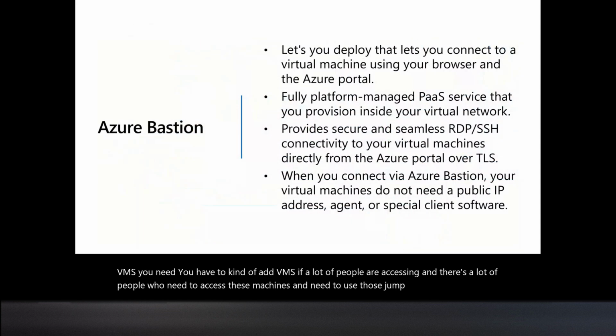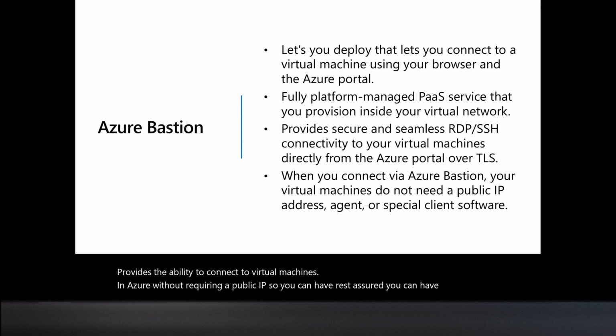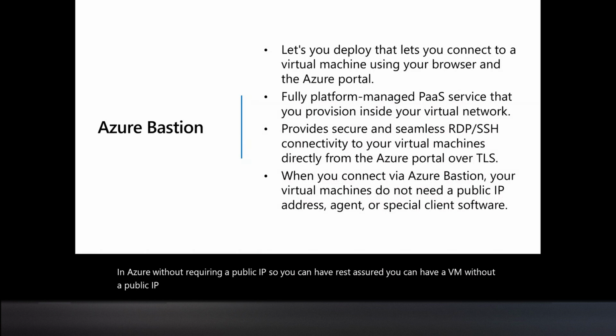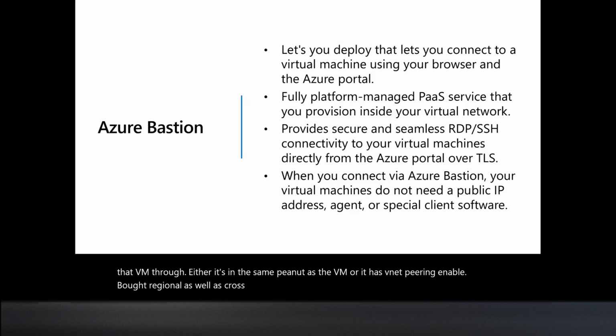So that's what is addressed by Azure Bastion. Azure Bastion provides the ability to connect to virtual machines in Azure without requiring a public IP. So rest assured, you can have a VM without a public IP in Azure, and if you have deployed Bastion, and Bastion has line of sight to that VM, either because it's in the same VNet or it has VNet peering enabled, both regional as well as cross-regional, you can access that VM from Bastion.